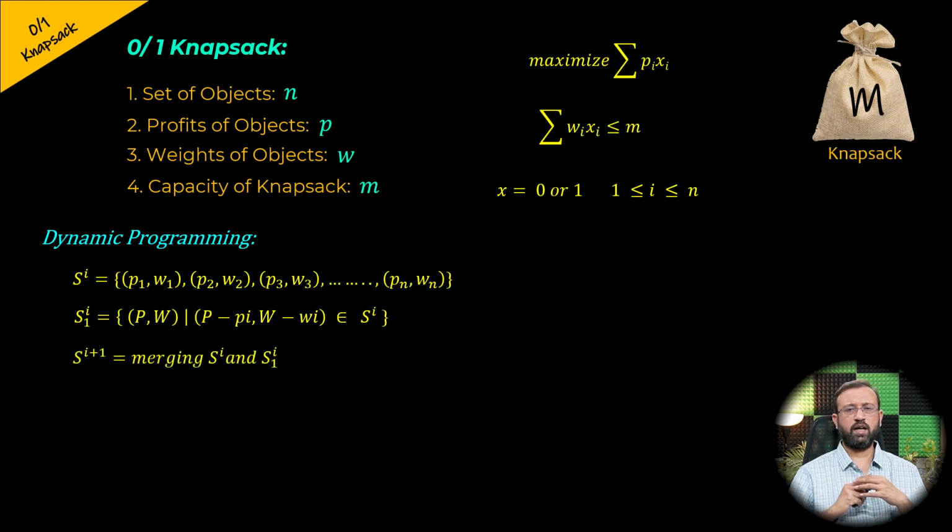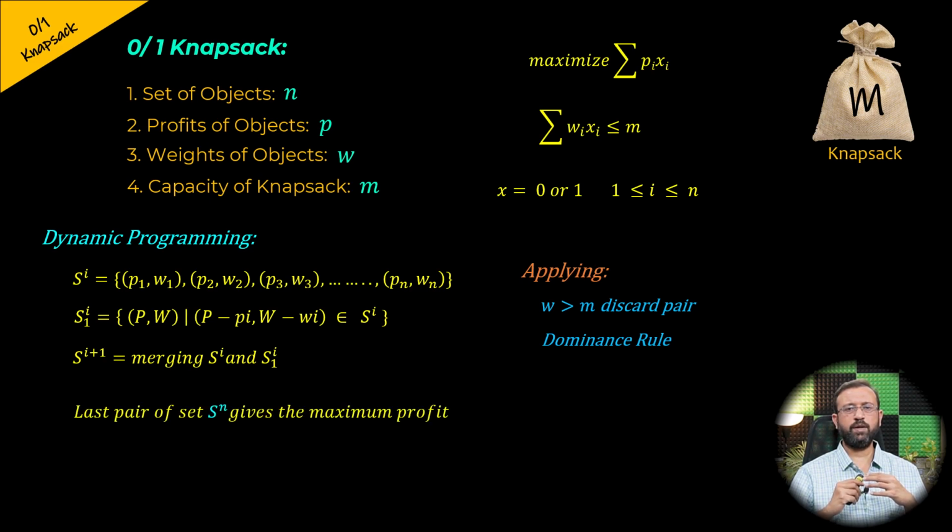Then the set Si plus 1 is computed by merging the sets Si and Si1 along with purging or discarding the pairs whose weights are greater than the capacity M of the knapsack, as well as applying the dominance rule to purge the pairs. Then the profit in the last pair in the set Sn gives the maximum profit earned. The solutions Xi are computed by tracing back the pairs P, W generated.